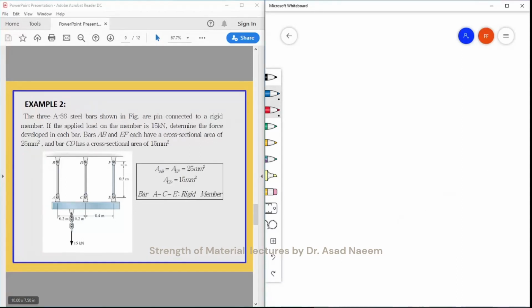Now again, because this is a statically indeterminate structure, we will first of all make the free body diagram for this.